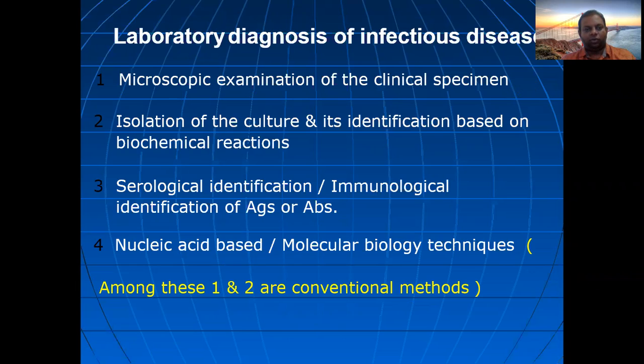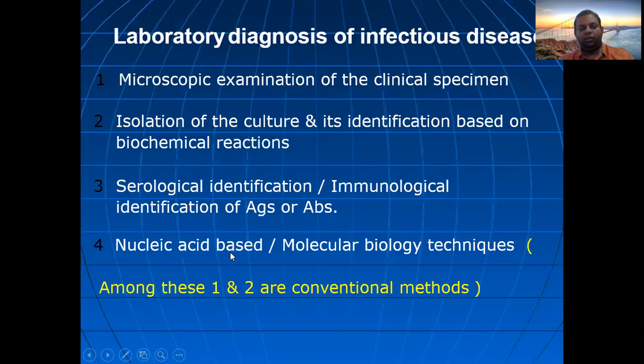investigation, and leads to isolation using culture and its identification based on biochemical reactions, where we usually do for urine culture, bacterial blood culture, likewise. In serological identification, antigen detection and antibody immunological assays.